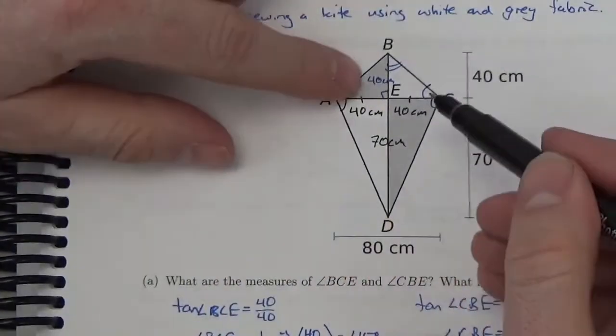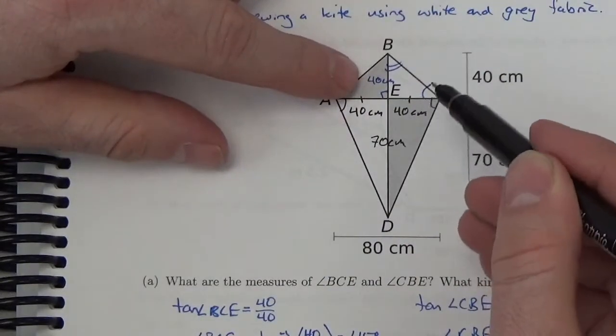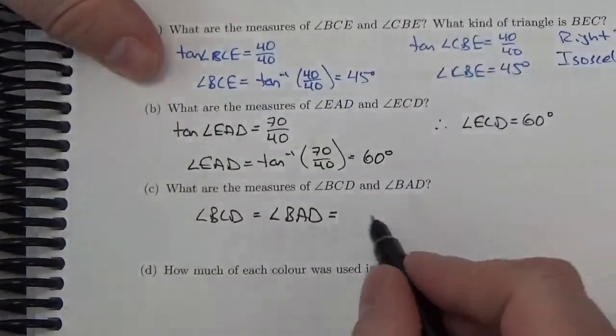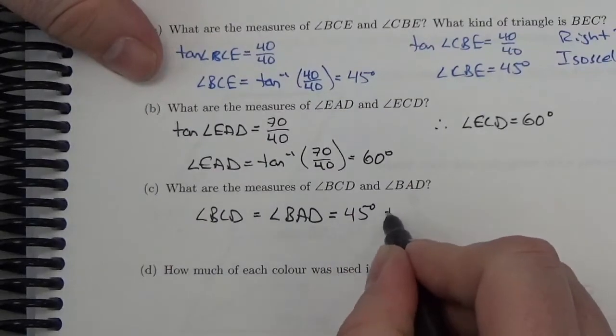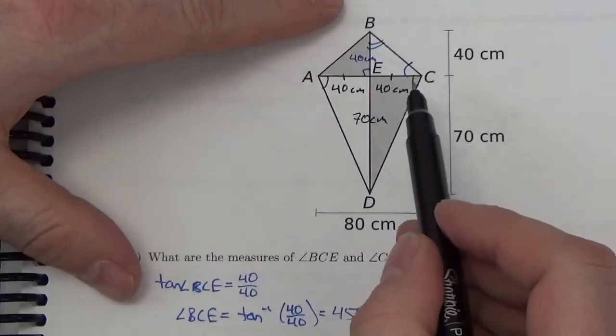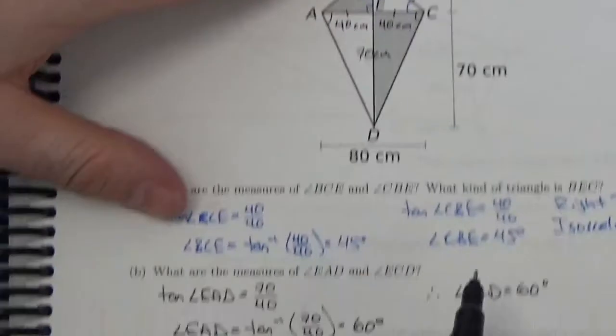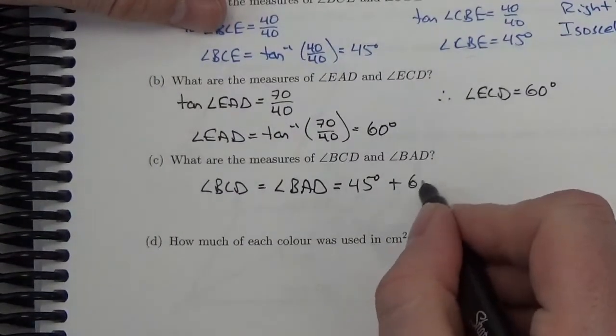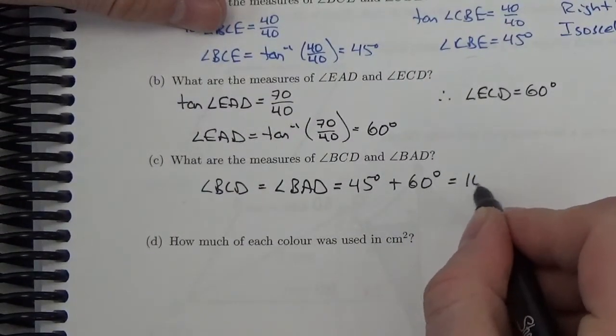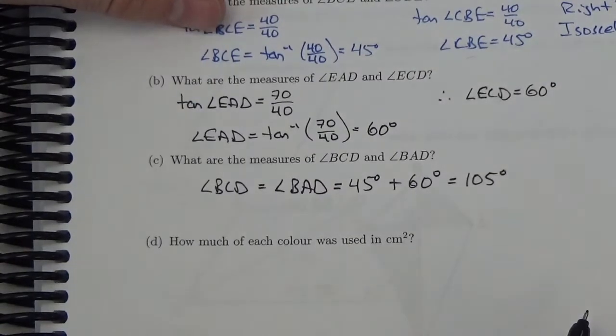And what it's going to equal is the sum of these two. Well, I know that this is 45, and I know that this angle right here, ECD, was 60 degrees. I just figured that out. So that means altogether, when I add those together, I'm going to get 105 degrees.